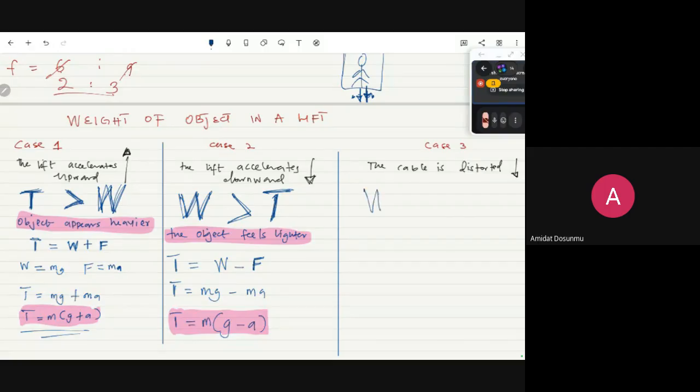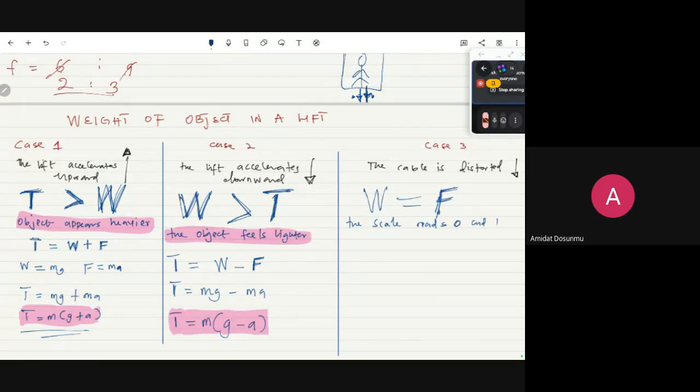Our weight is equal to our force. And the indication is that what? The scale reads 0. If you have to measure the tension, it's going to read 0.